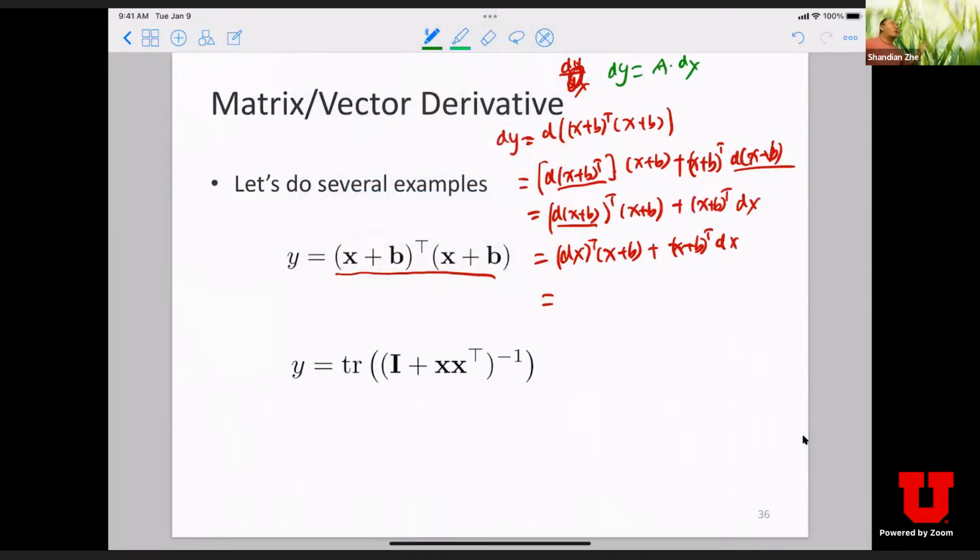We have to get rid of this. How can we do that? In our first term, we have dx transpose times x plus b, and the second term is x plus b transpose dx. Of course, we don't want dx transpose. How can we get rid of this or sidestep this?